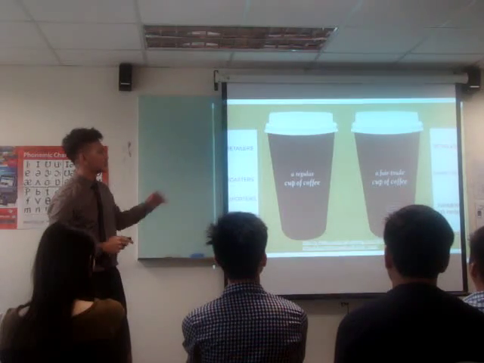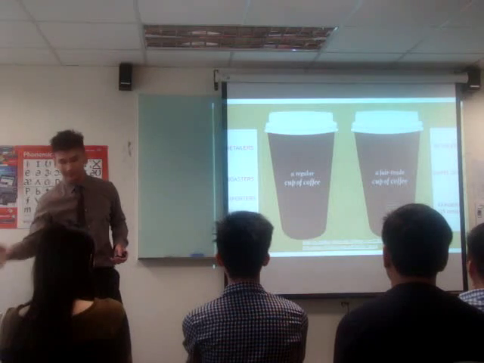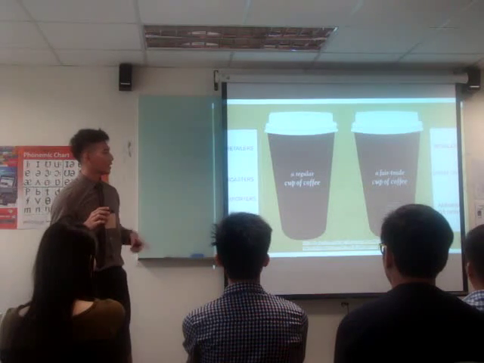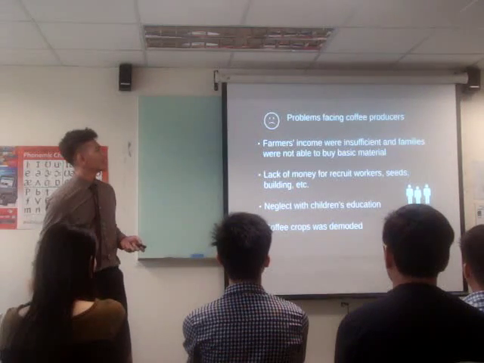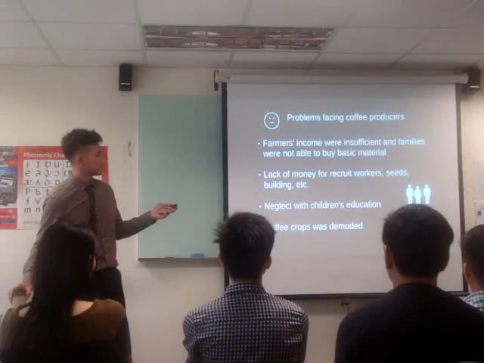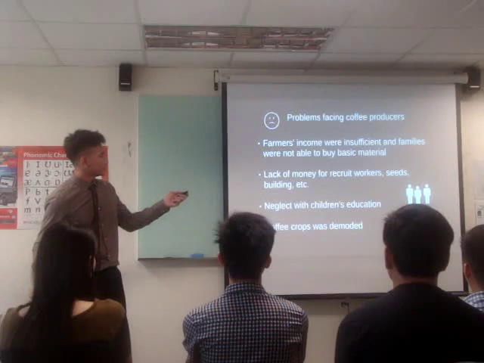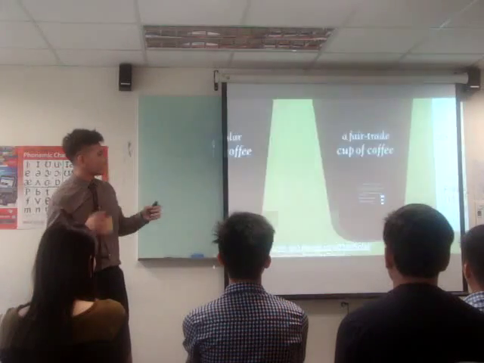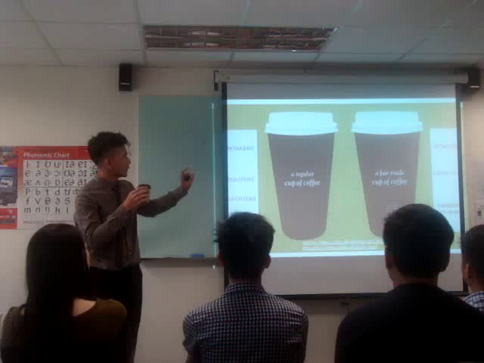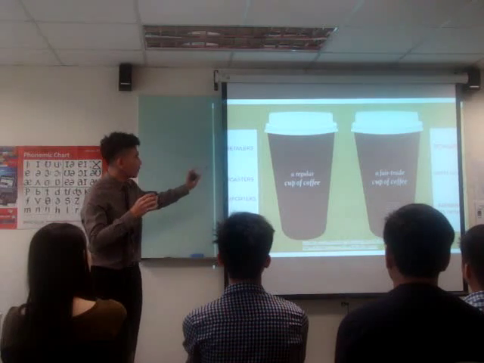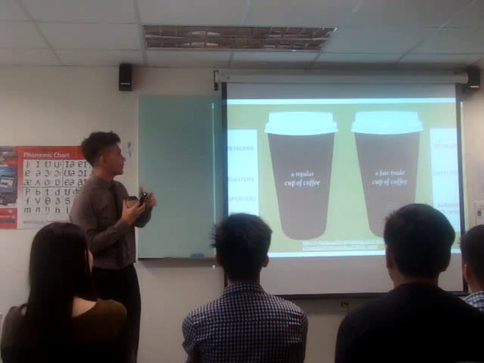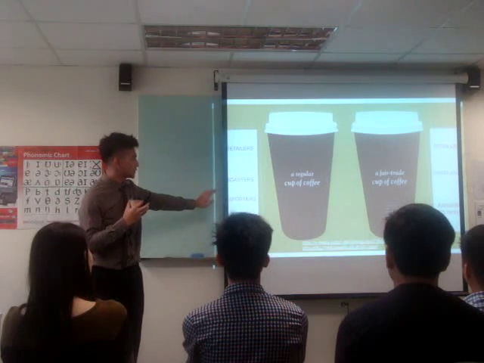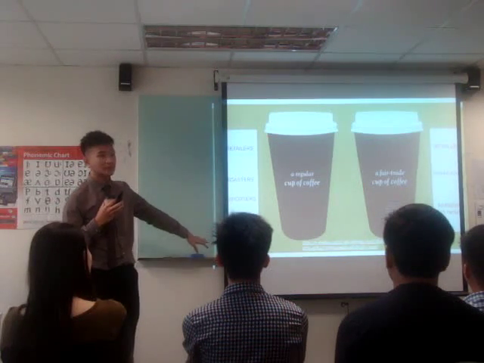Imagine that you buy a regular cup of coffee and a fair trade cup of coffee. For the regular cup of coffee, the benefits go to retailers, roasters, exporters, buyers, and farmers.